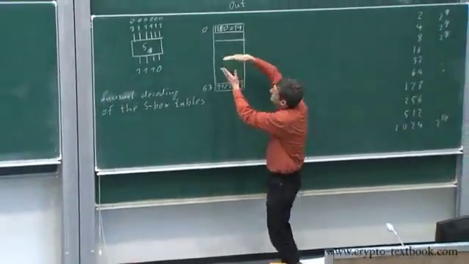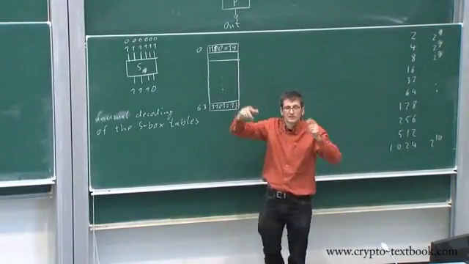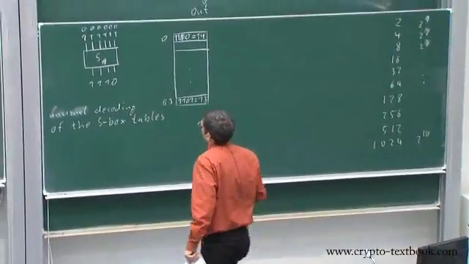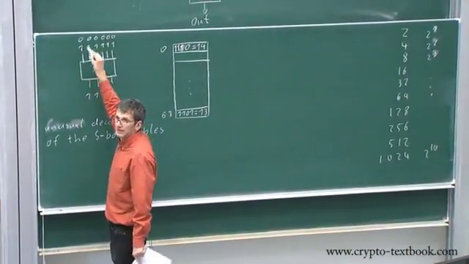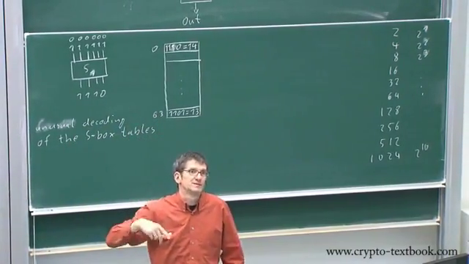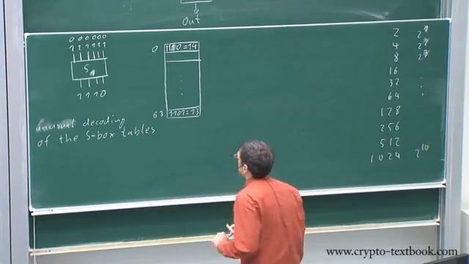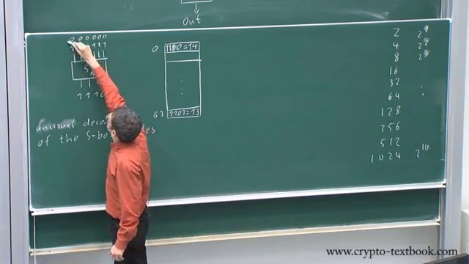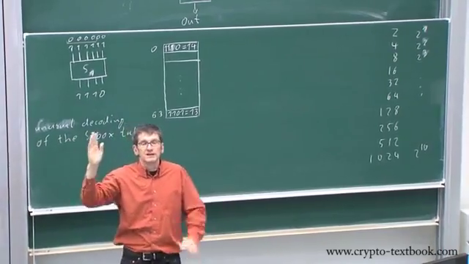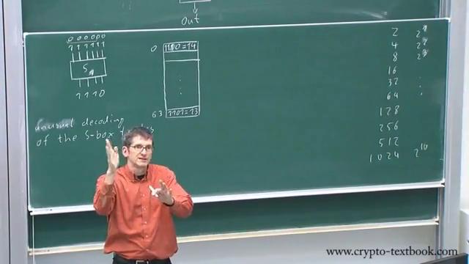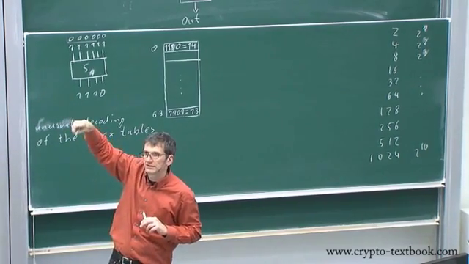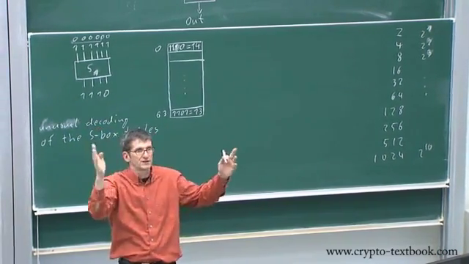And here I put the 64 numbers underneath each other in a rectangle. So now what we have to do with the 6 input bits: each 6-bit word selects one output. And how do we do that? You take 4 of these bits to select one of the columns, einen der Spalten. You see that? There are 16 columns, so with 4 bits you can pick one of the columns.